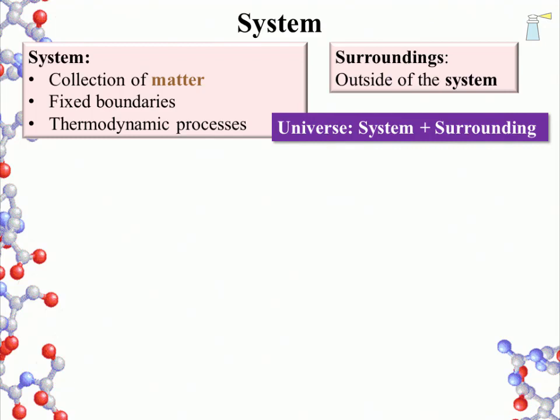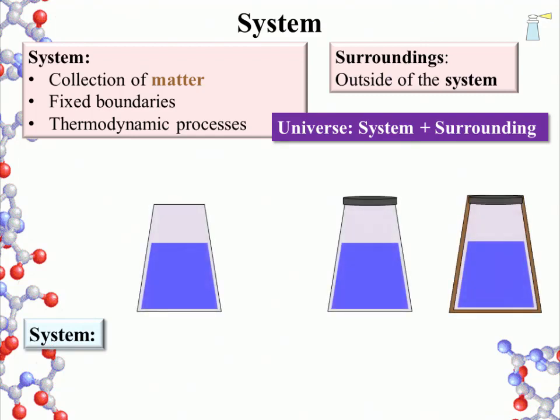Like energy, the system is understood from a conceptual perspective. There are 3 types of systems, and we can visualize them using a container, like a flask. What is inside the flask is the system. The thing that distinguishes the different systems is the exchange of energy and matter with the surroundings.